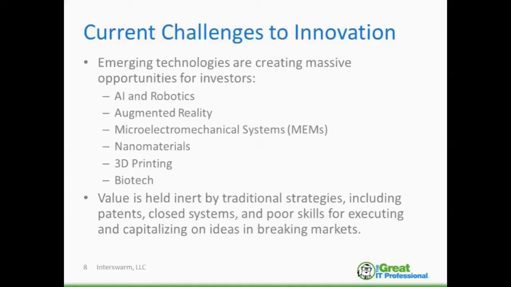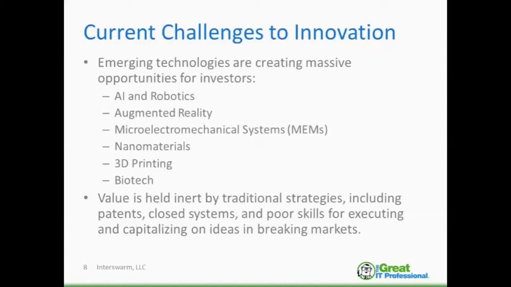Traditionally, there's a lot of horror stories out there that I'm not going to go into, but we all know them if we haven't lived them, where the potential value of what we're trying to do in our innovation practices gets held up by traditional strategies of information scarcity. That's this idea where we might run out of it.